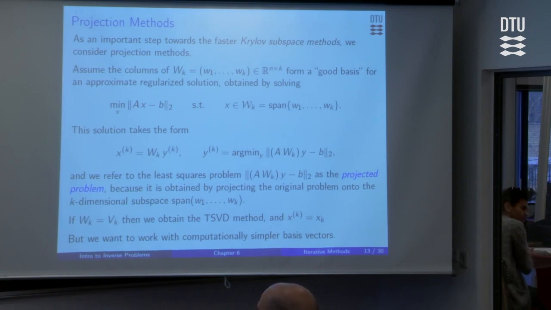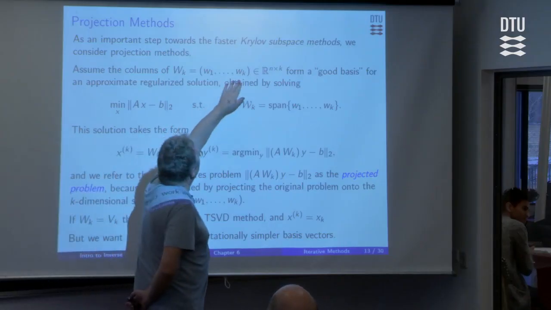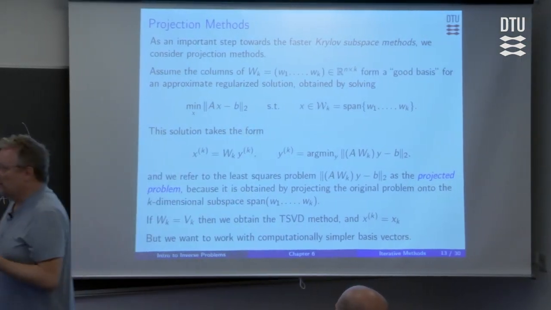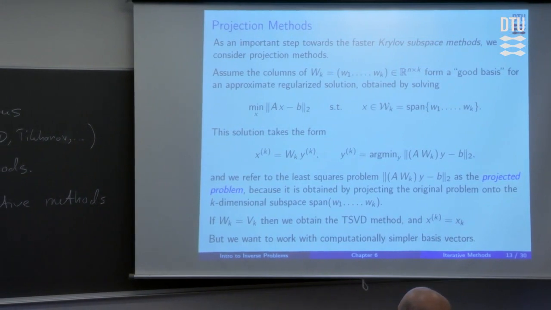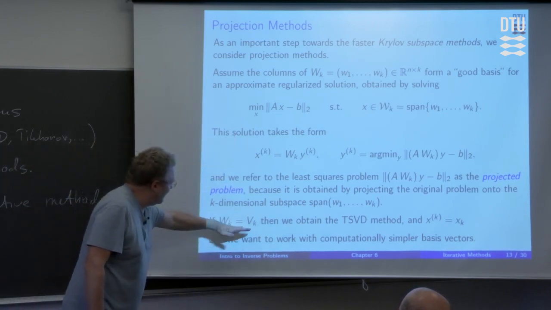In fact, we've already seen something that resembles this a little bit, because if we decide that our k basis vectors should actually be the first k right singular vectors, so v1, v2, and so on, then a truncated SVD solution is identical to this approach with that particular choice.